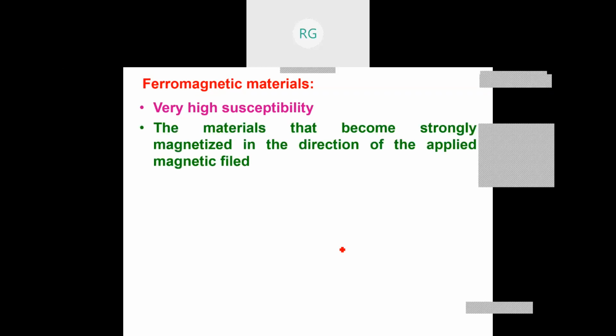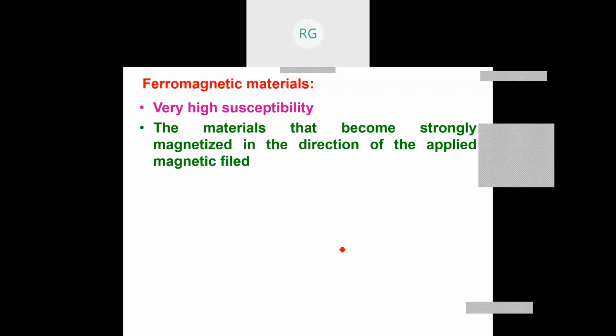Now we will concentrate on ferromagnetic materials and their properties. As you have seen, ferromagnetic materials are generally used in magnetic materials like iron, cobalt, nickel, etc. Now, what are the properties of these ferromagnetic materials? They show very high susceptibility, and the materials are strongly magnetized in the direction of applied field.